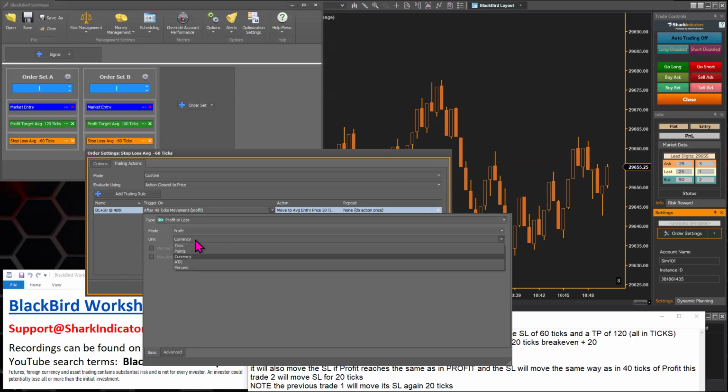We'll set this to profit, set this to ticks, and then put in, yep, the 40 ticks there of profit, not 400. Now, again, remember, this 40 ticks of profit is based off of what NinjaTrader provides. So in this case, it's going to be 40 ticks of profit from the average entry price here, right?